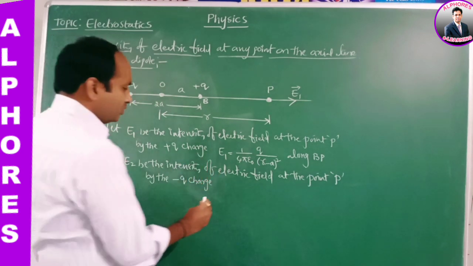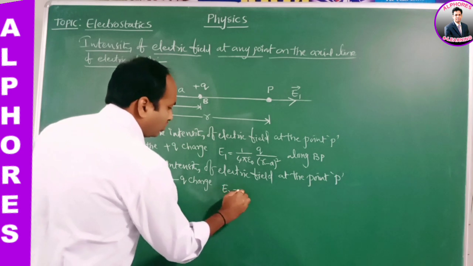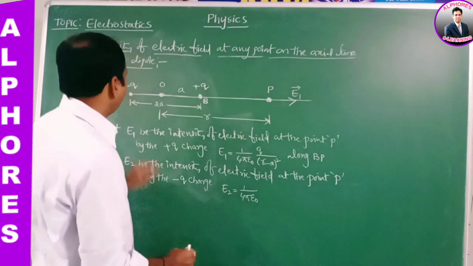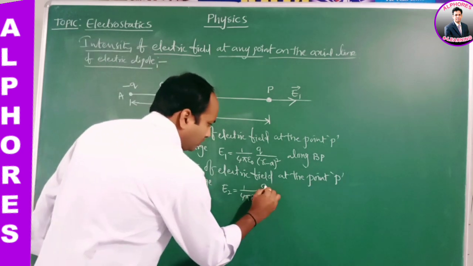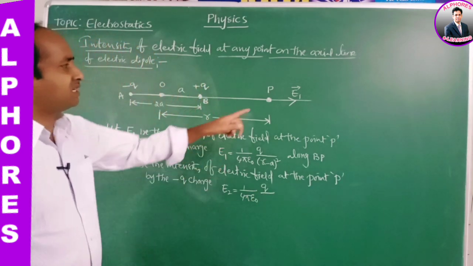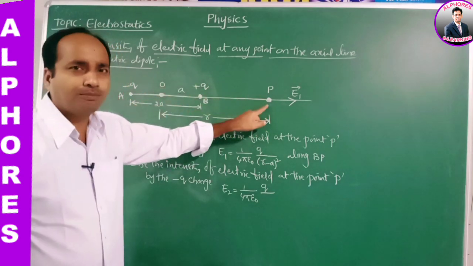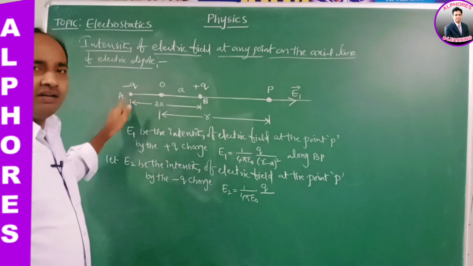So E2 is equal to again 1 by 4 pi epsilon naught. What is the magnitude of charge? q. And what is the distance of the point P from the negative charge?